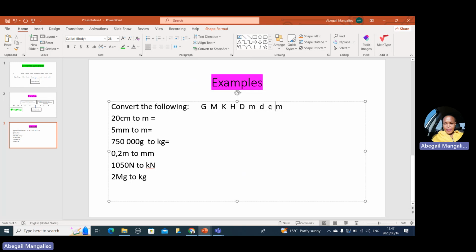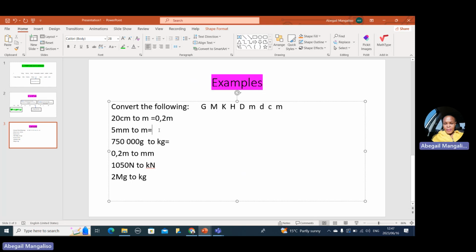So from centi, I'm going to count 1, 2. I moved to the left 2 times. So I will divide by 10 to the power number of times moved. This will be 20 divided by 10 squared, and 10 squared is 100. So in other words, from centimeter to meters, you divide by 100. So this will be 0.2 meters.